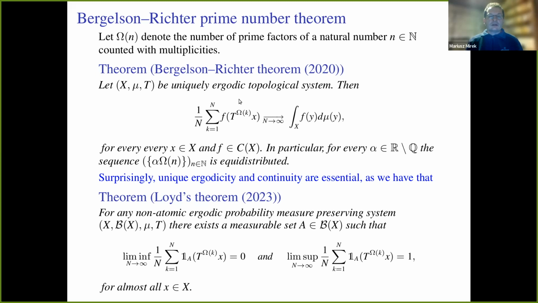In other words, the averages of this form along omega(n) converge everywhere. In particular, this implies that for every irrational alpha, the sequence alpha times omega(n) is uniformly distributed modulo 1.